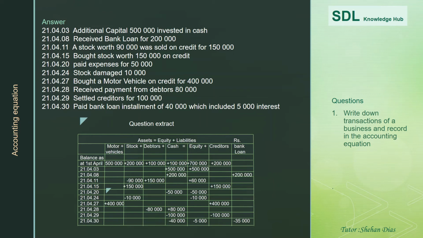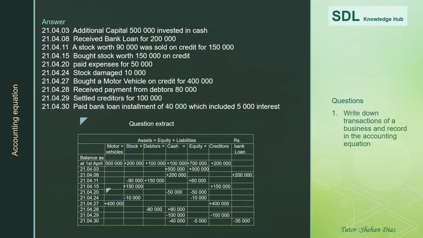Then the next transaction, cash reduces by 50,000 and equity reduces by 50,000. As you know, there are only two reasons why equity will reduce, either due to drawings or due to expenses. As we have been told there were no drawings, then equity should have reduced because of expenses. So the transaction is paid expenses for 50,000.